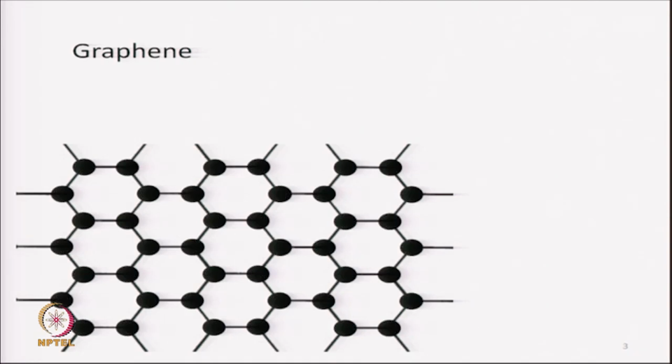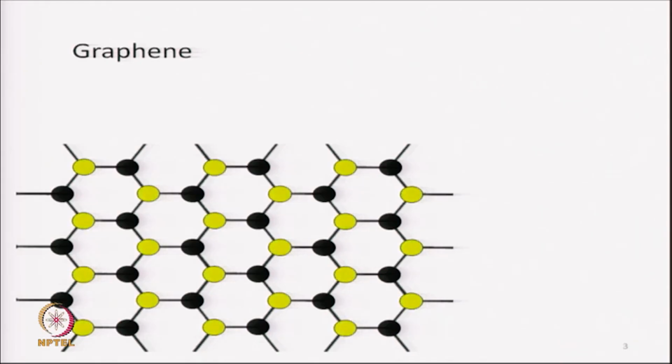We also saw that all carbon atoms in this graphene structure are not equivalent in the lattice sense. So, the nearest neighbors are not equivalent, it is the next nearest neighbors which form the lattice. So, I am trying to distinguish the two kinds of carbon atoms by giving them this color yellow and black, which is what we did in the last video also.